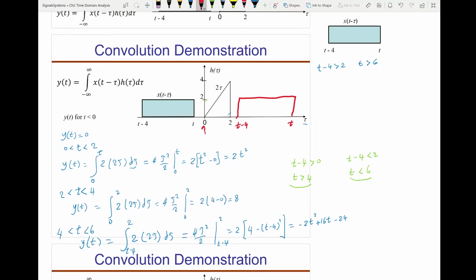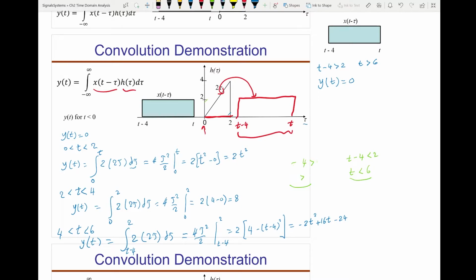This h of tau exists only in this region, the input exists in this region, and they are not overlapping. These two functions don't overlap, and the product will give you just 0. So y of t will equal 0. And that's it. As long as t is larger than 6, the output is 0.